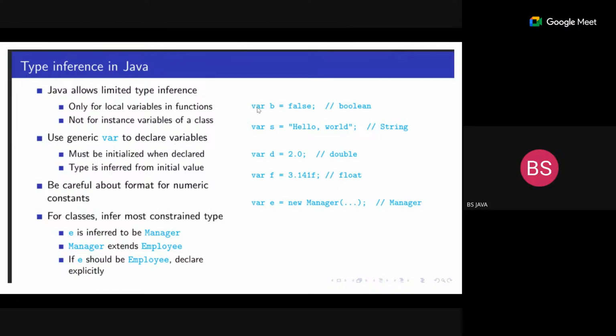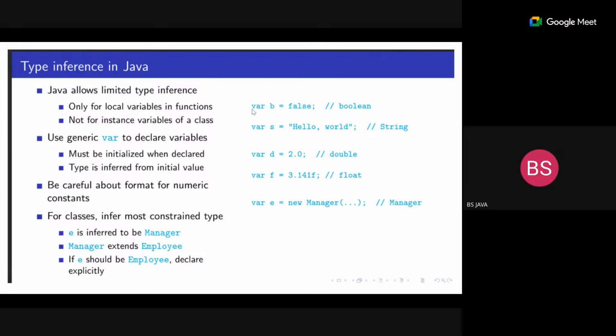So instead of writing int x, float y or String s, you can say var a, var s, var b, and you must initialize it to some value. Type inference is permitted only for the local variables of a function; for instance variables you cannot do it.